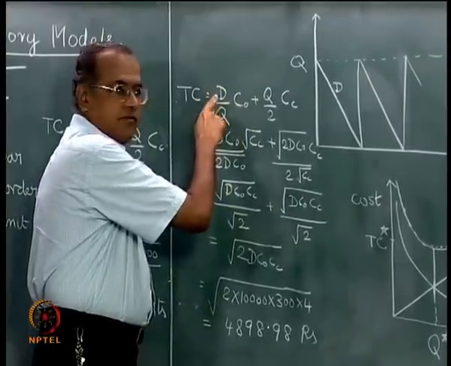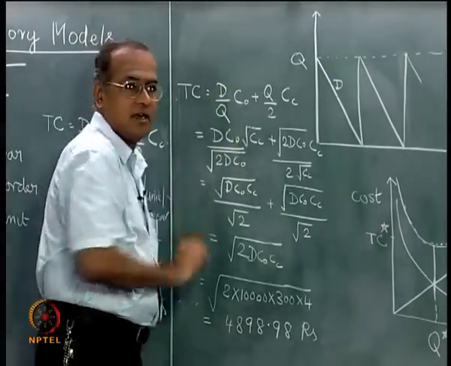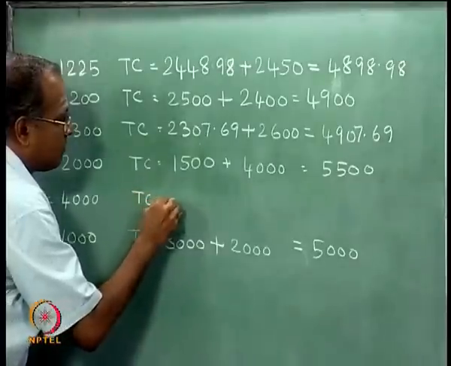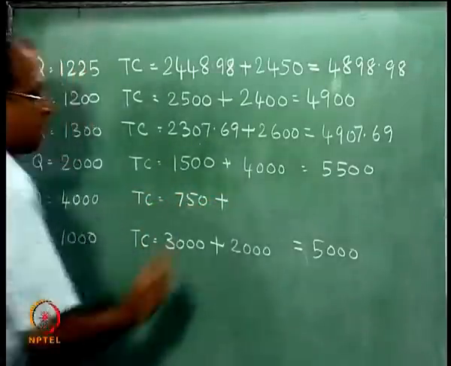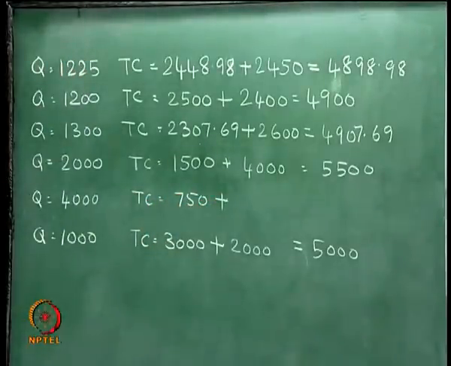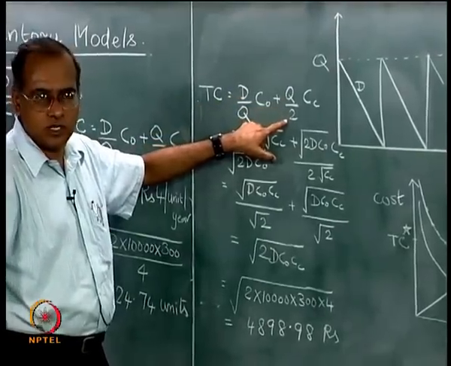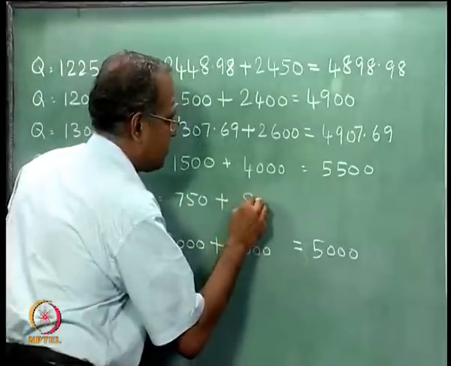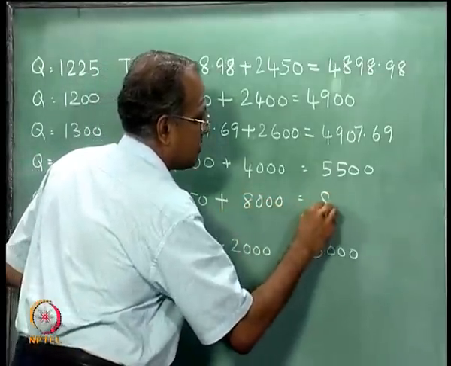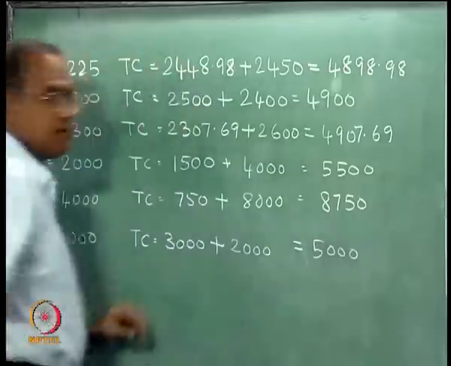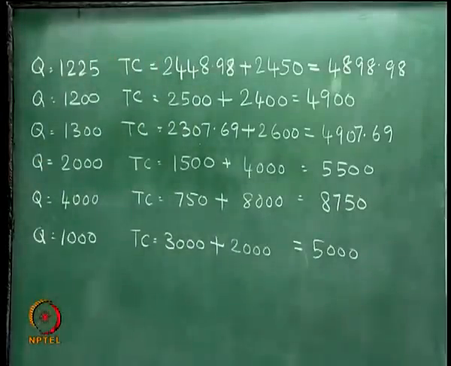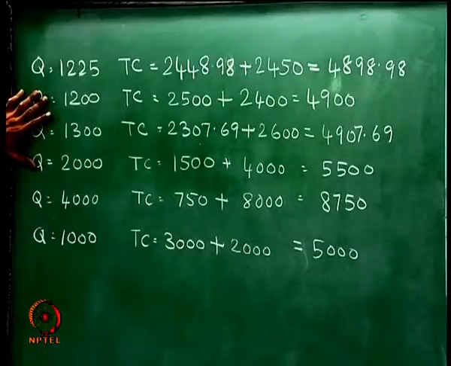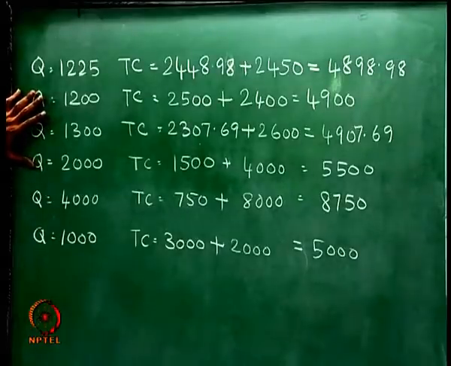So, this is 2.5 into 300, which is 750, plus 4000 divided by 2 is 2000, 2000 into 4 is 8000, which gives 8750.